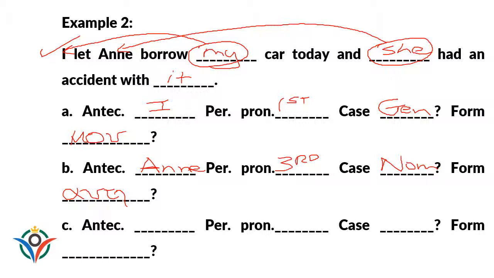And then the final part of the sentence, it, so the antecedent, it's referring back to the car. The personal pronoun, it's also a third person. The case is accusative, and the form, because a car is not masculine or feminine, we refer to it as neuter. We put the form there as auto.